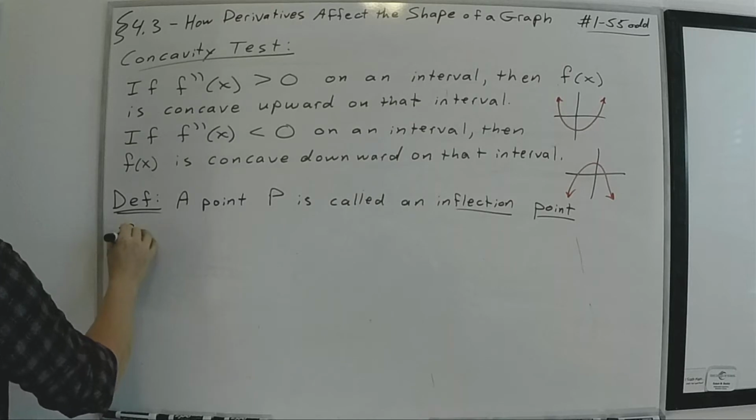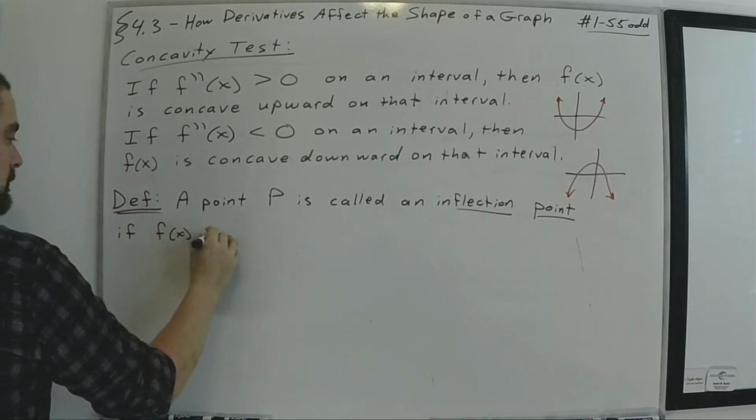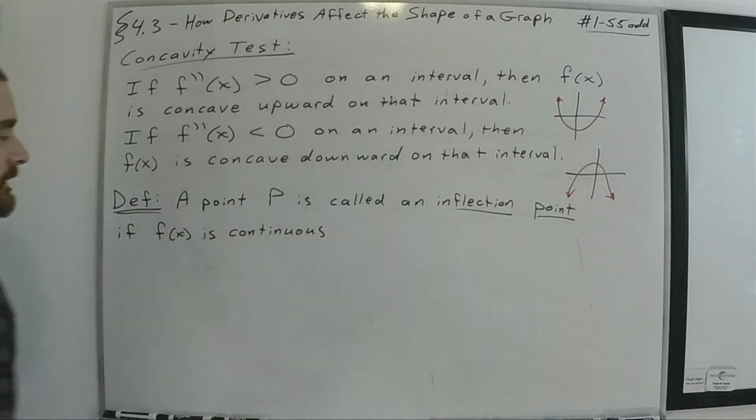If f of x is continuous. Again, we do need that continuity. If there's nothing there, then we can't call it a point, right?